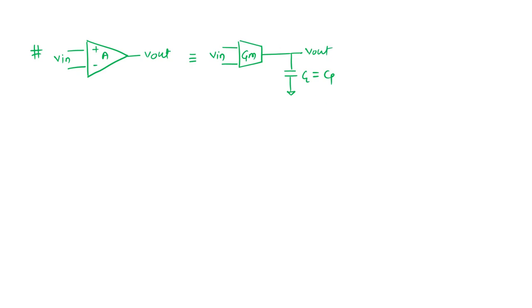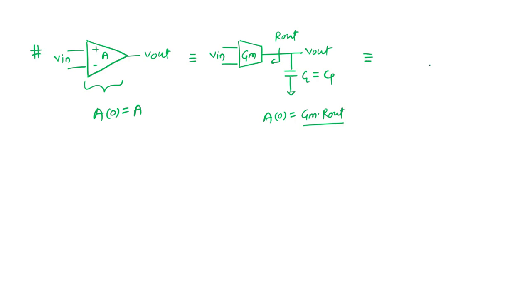The DC gain here is GM R out. What is the R out? R out is the impedance looking at the output for this cell. So this is my complete A of 0, which is equal to GM R out in this structure.